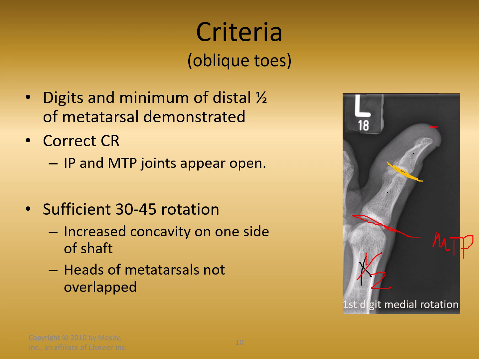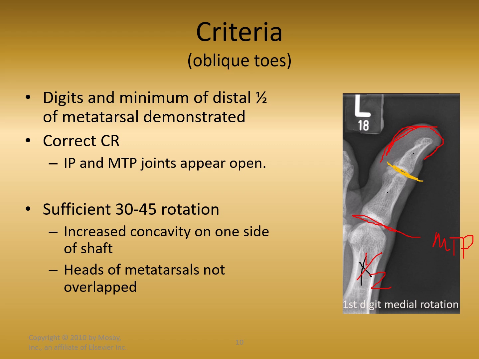This being the big toe, it's kind of easy to see. You can see all of this soft tissue here, all the way out to here. And on this one, you can literally see that person's nail bed, their little nail bed there, and then the soft tissue kind of comes out around it. So that's telling me that they have rotated it that 45 degrees, that it needs to be rotated.